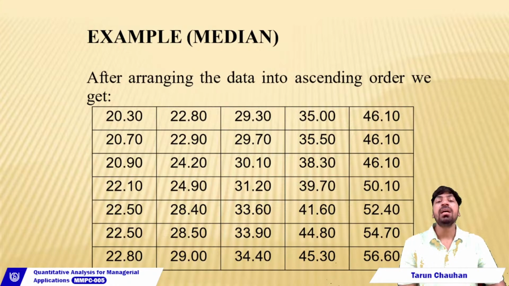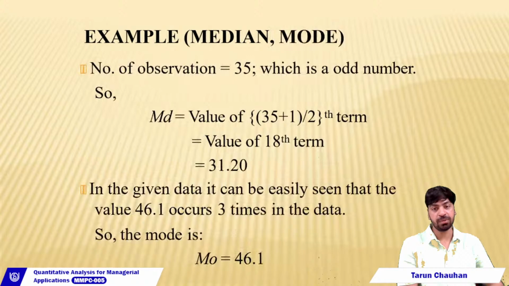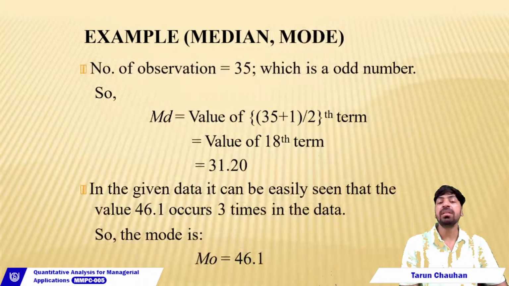It means at the 18th term, the value of the median is 31.20, and that would be the answer for the median, that is 31.20.